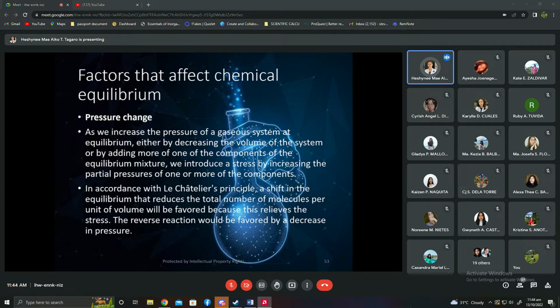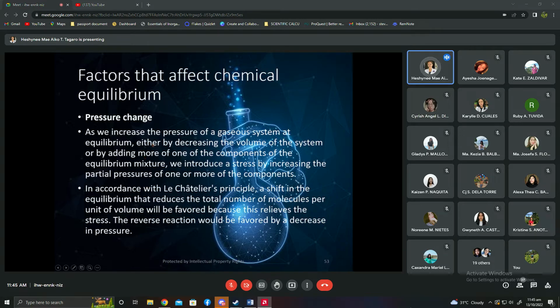Changes in pressure have a measurable effect only in systems in which gases are involved, and then only when the chemical reaction produces a change in the total number of gas molecules in the system. Take note, changes in pressure will not affect liquids and solids because they are incompressible. Gases are greatly affected by pressure changes because they are highly compressible.